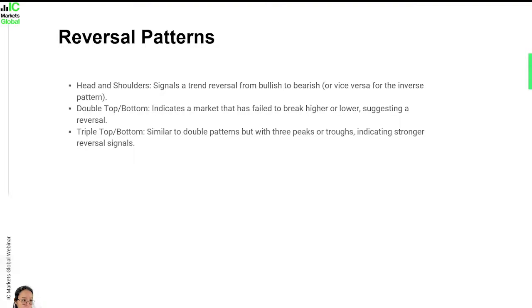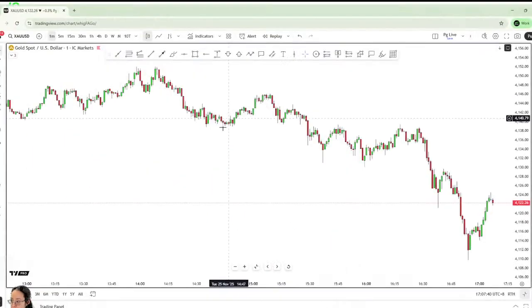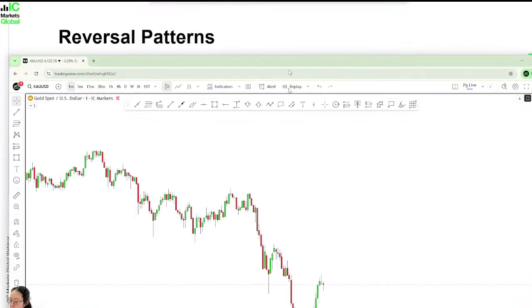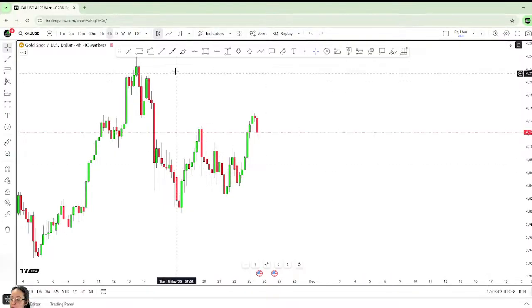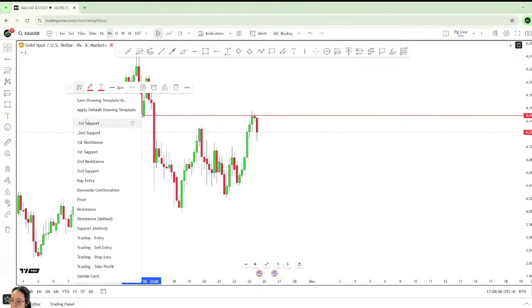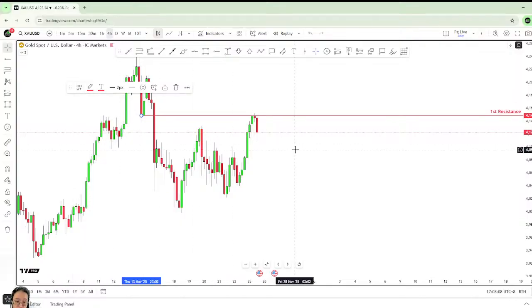Okay, right? So whenever we're talking about reversal patterns, this is a common one that you can find. I'm going to spot double top and double bottom first. This is my first resistance, and this is my sell entry for today, right?